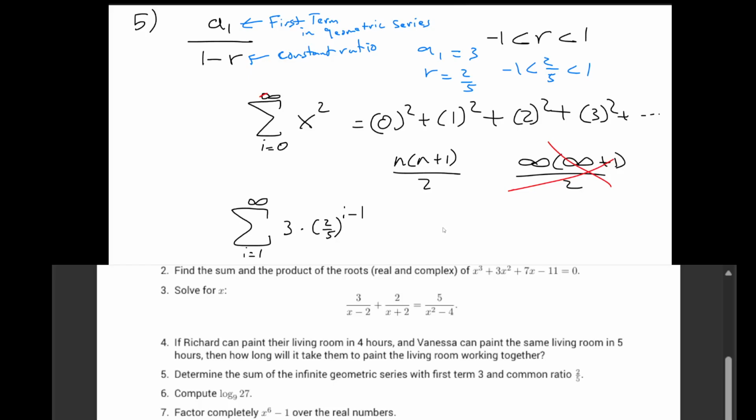There's going to be an asymptote, and it'll always converge to a value. Let me make i equal 0 to infinity, a sub 1 is 3, times 2/5 to the i. This exponential function has an asymptote, okay?